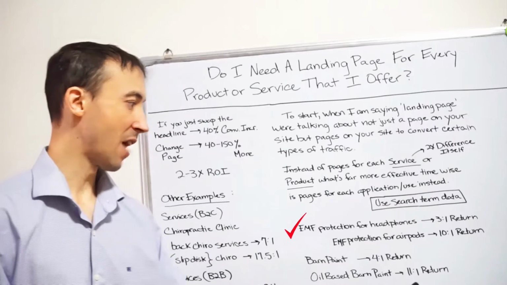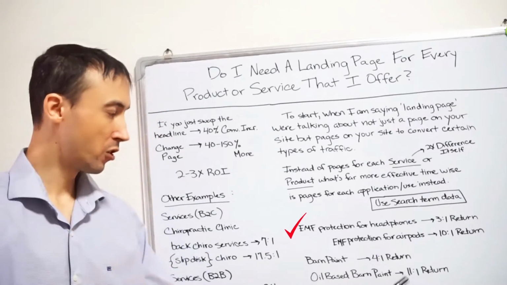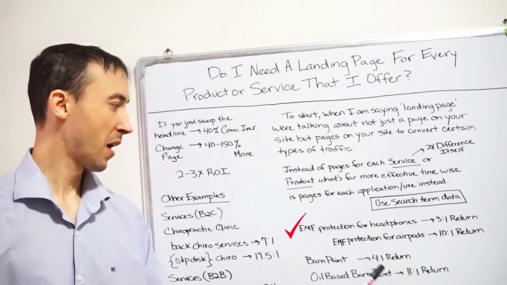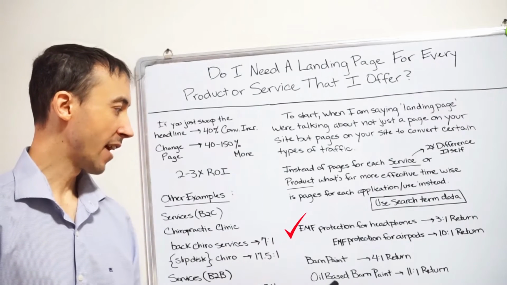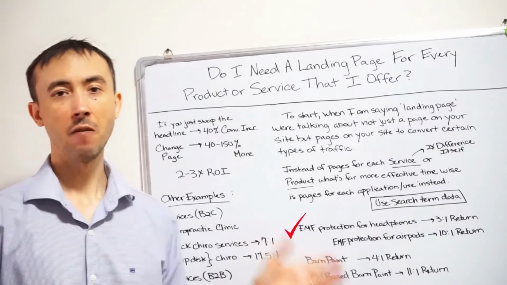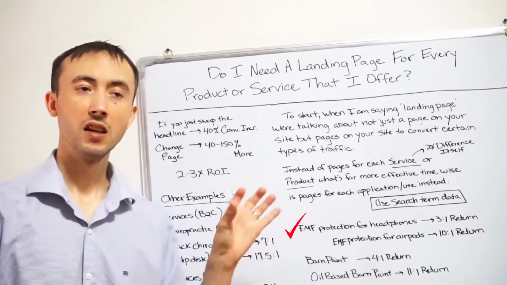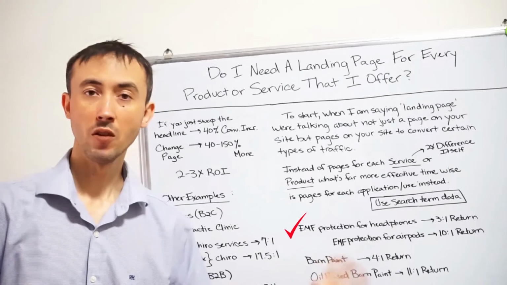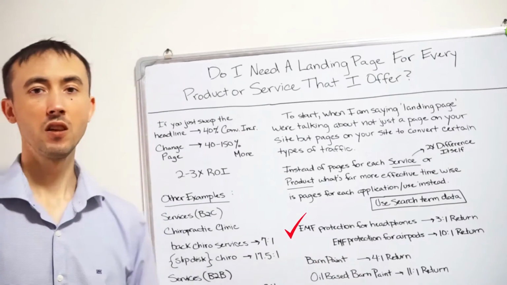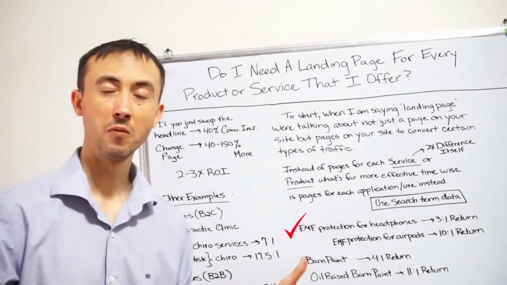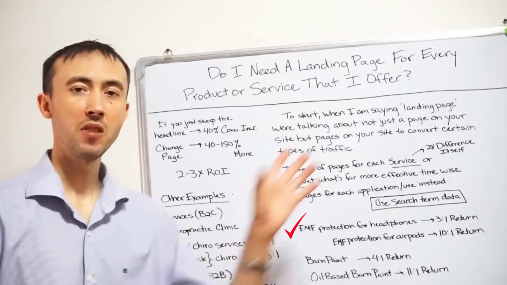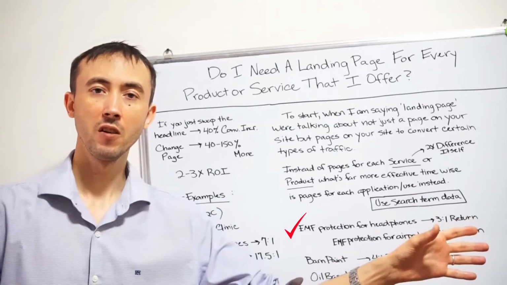Oil-based barn paint converted at an 11-to-1 return, just by having a headline that said oil-based paint and a paragraph or two that talks about how our oil-based paint is good, with good quality oil-based paint. What it's about is you're helping them more easily find what they're looking for.